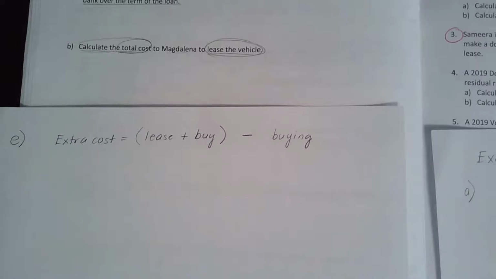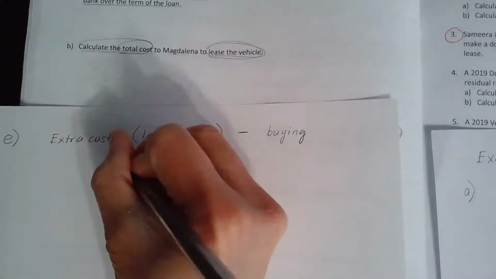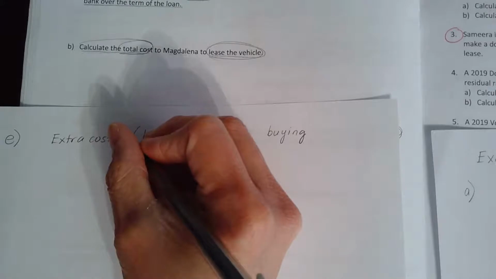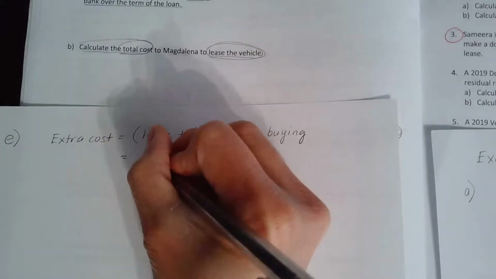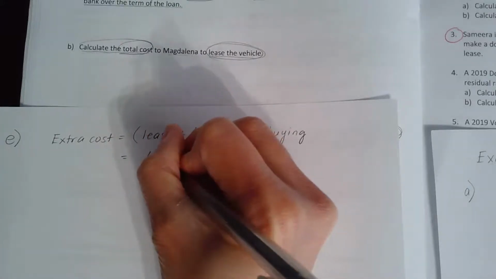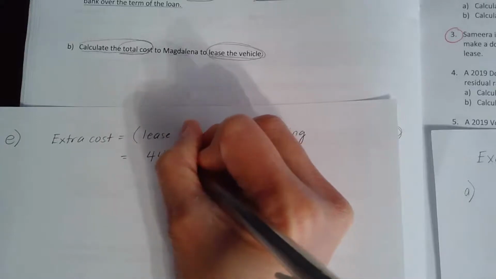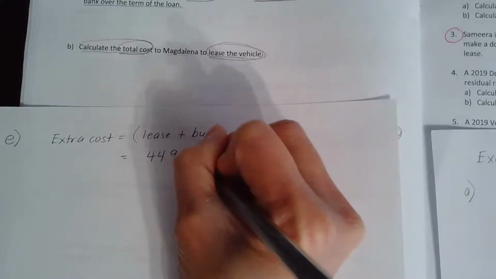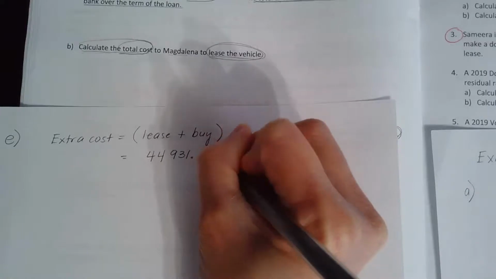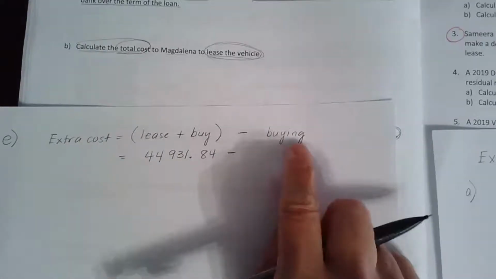Leasing and buying, that's the answer for letter D, $44,931.84, minus buying.